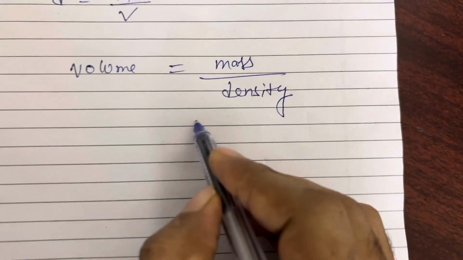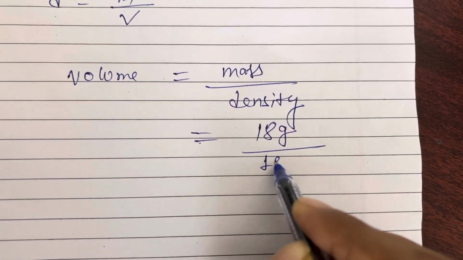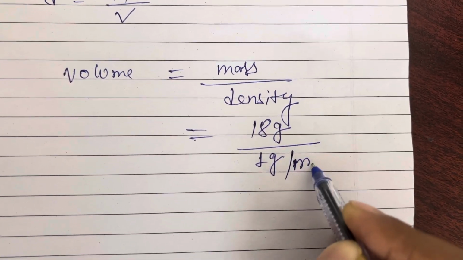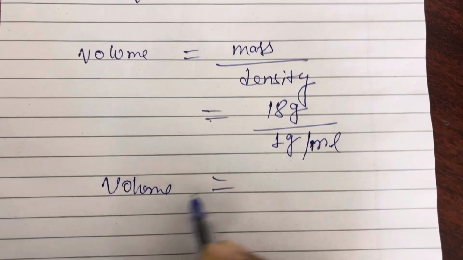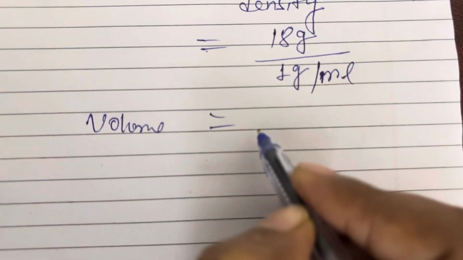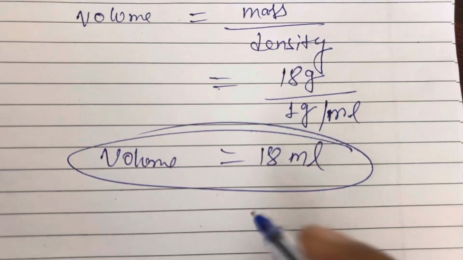So the mass of the water is 18 gram and density is equal to 1 gram per milliliter. After solving you will get volume equal to 18 milliliter. So this will be the answer, students.